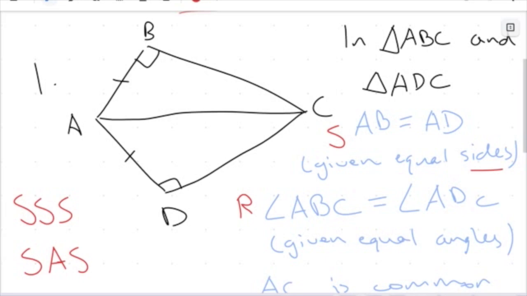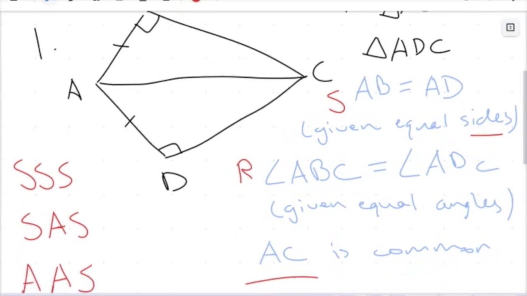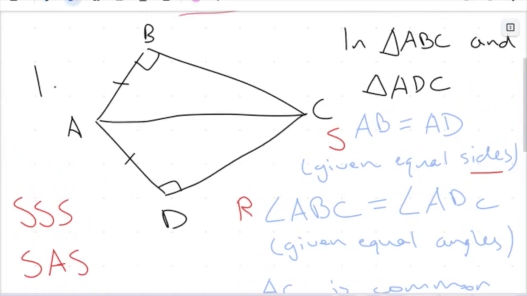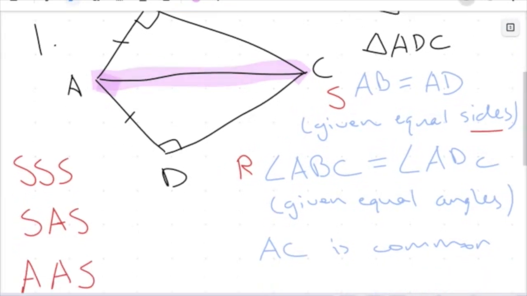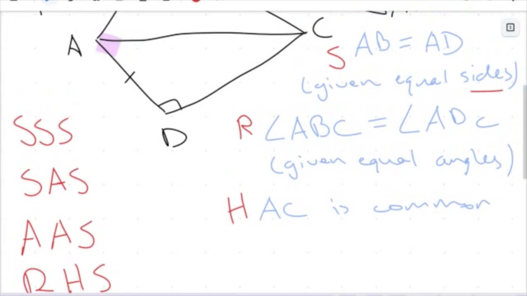So we have a right angle, we have a side, and the final side AC we found that is common. This is, in these 2 right angles, the hypotenuse of both ABC and ADC. So this common side is the hypotenuse. So we have RHS.